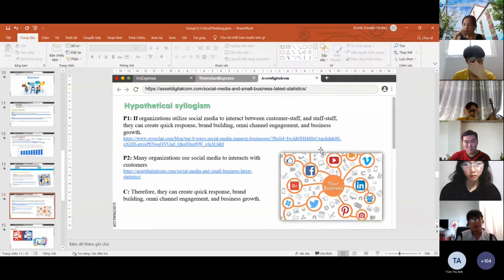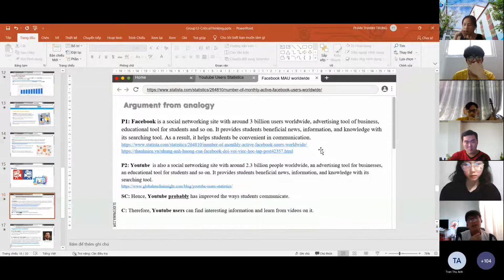And for the argument from analogy, I think it's a comparison of two things, and I just got two examples for this, and maybe this is my problem.